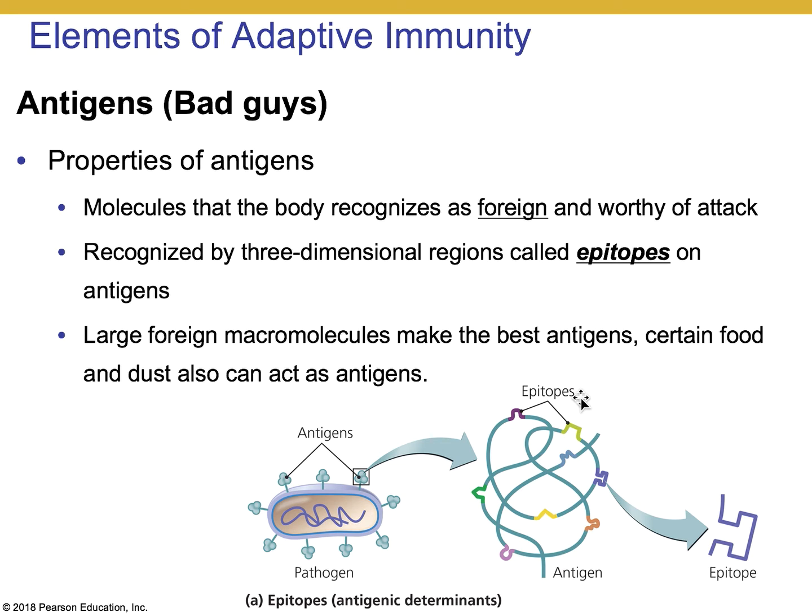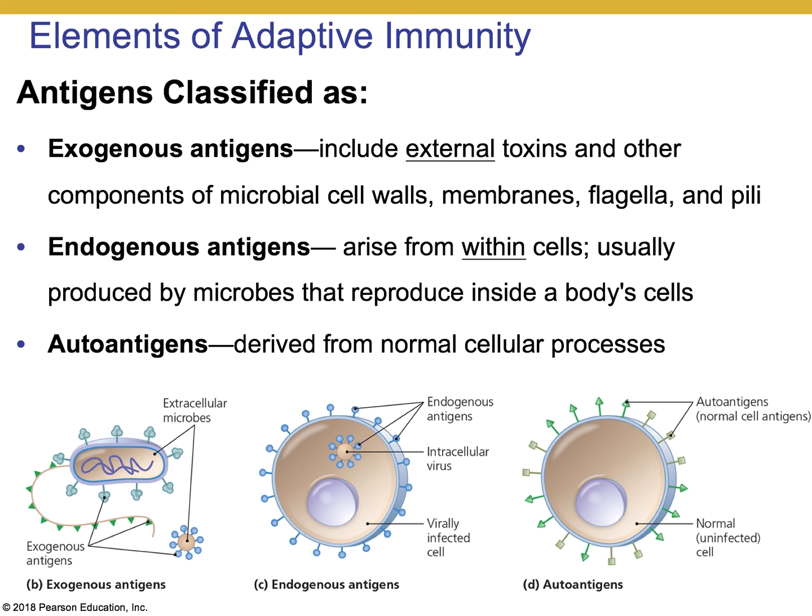They're very antigenic, very good at stimulating the adaptive immune response. Other types, glycoproteins, sugars, can be good antigens. Lipids, not so much, but with respect to allergies, certain food and dust particles can also act as antigens. So the antigens are the foreign molecules that the body is going to mount a response to.